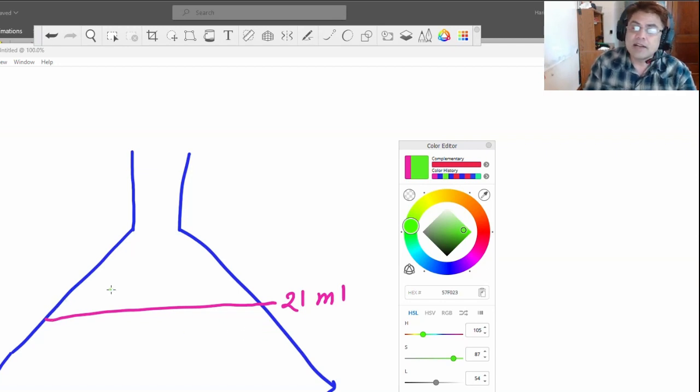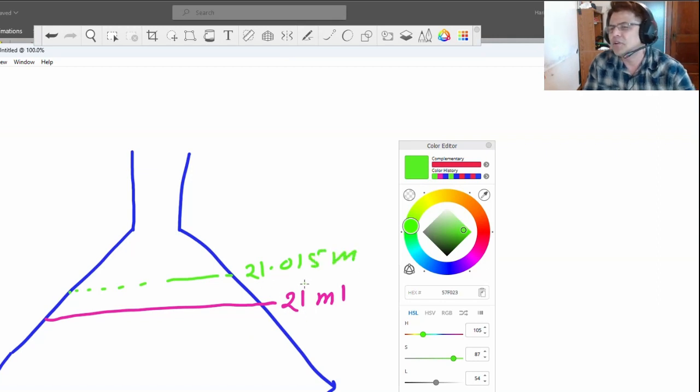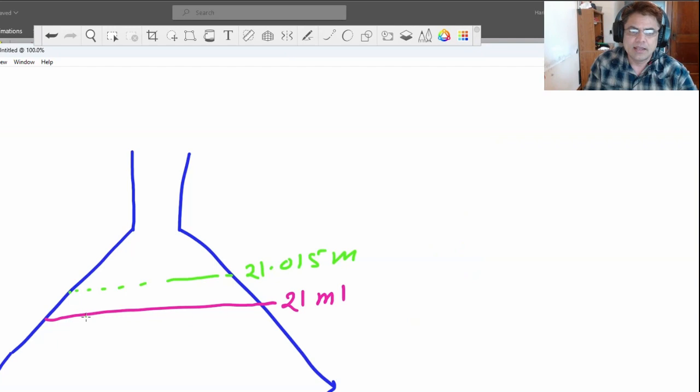So after adding half of a drop, your volume will be, look at that, 21.015 ml. Look at that, very close they are, right? 21 and 21.015 ml are pretty close, right? You don't have much of an accuracy problem. So here you see the color, but here you don't see the color.